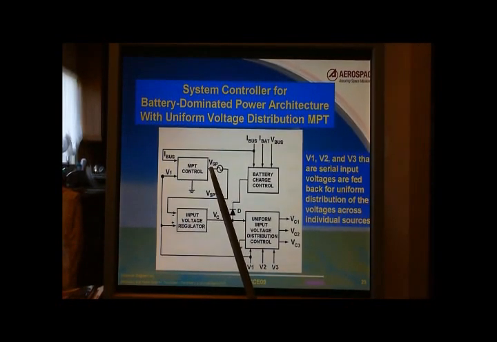The output of the MPT controller generates the set point voltage candidate VSP, which corresponds to the peak power voltage candidate. Superimposed on this voltage is an AC digital signal, a small signal of low frequency such as 20 Hz or 200 Hz.